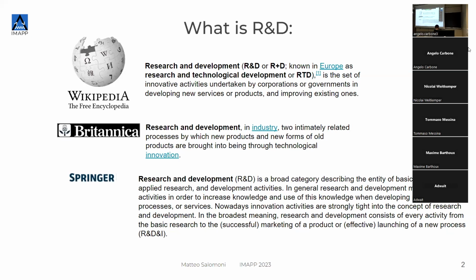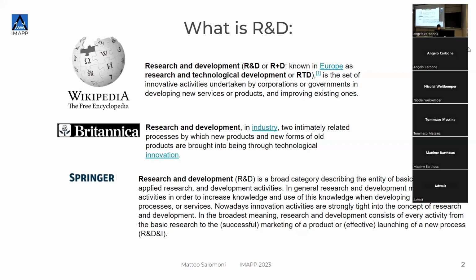The first one is of course Wikipedia, which is a first reference for everything. R&D is the set of innovative activities undertaken by corporations or governments in developing new services or products. And this I didn't like already. And Britannica, which I knew was also kind of industry oriented, says that research and development are intimately related, and it's fine.